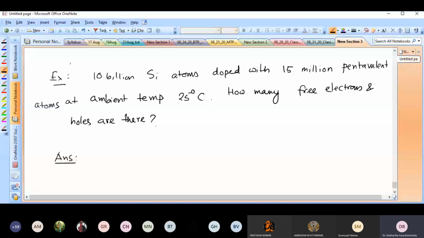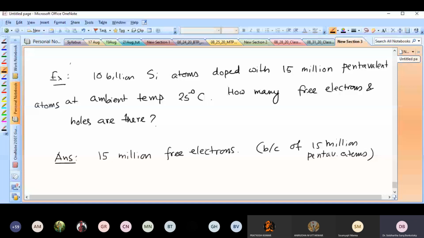So this is the situation: 15 million free electrons, because of 15 million pentavalent atoms.